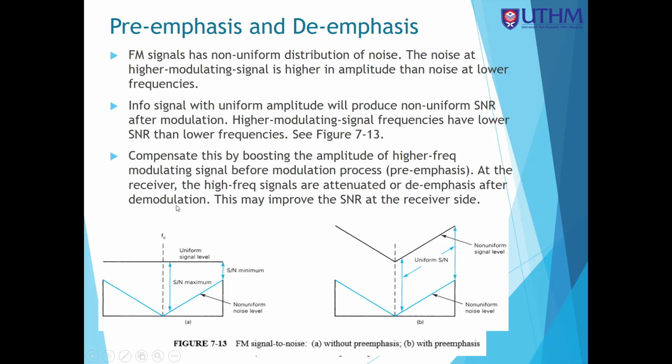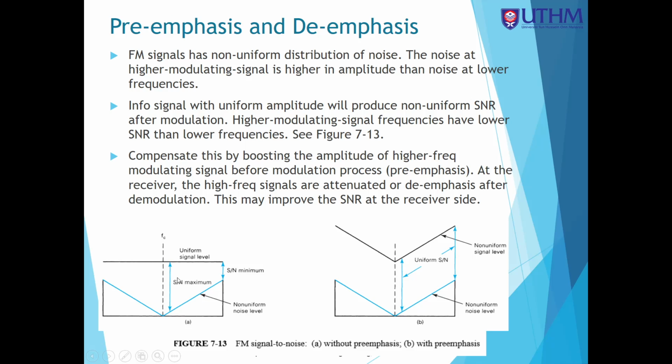Okay, so you see that the center here is FC, and to the right side and also to the left side is dia punya nilai FM, nilai frequency of the message. The larger the frequency of the input message, the higher would be the noise level.